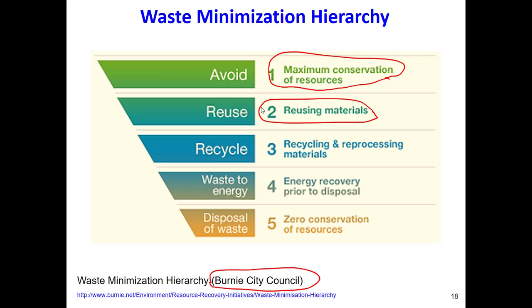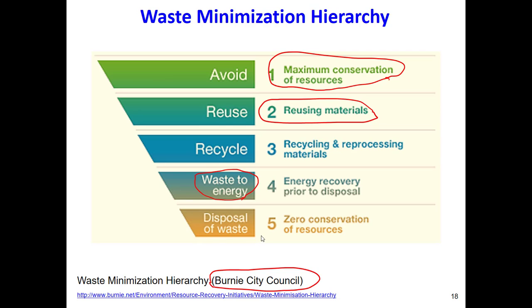Waste to energy: if you really have to waste something, instead of sending it to the environment and just leaving it there, most of the time you can convert it to energy. Waste to energy is a big industry these days. We can produce value added chemicals, or even energy, by using the waste.